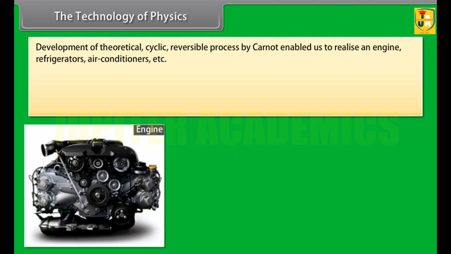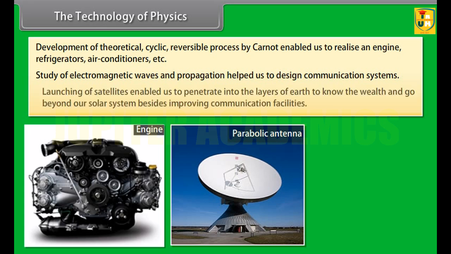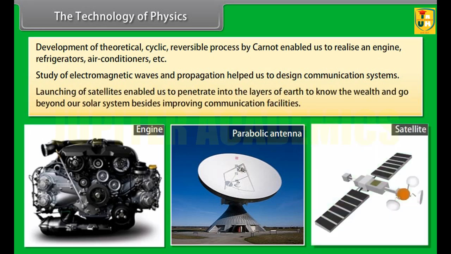Development of the theoretical cyclic reversible process by Carnot enabled us to realize engines, refrigerators, air conditioners, etc. Study of electromagnetic waves and propagation helped us to design communication systems. Launching of satellites enabled us to penetrate into the layers of Earth to know the wealth and go beyond our solar system, besides improving communication facilities.